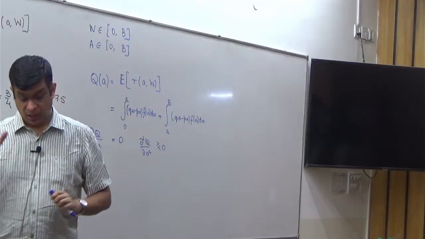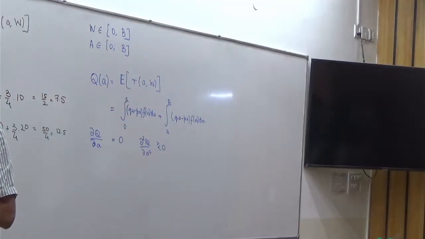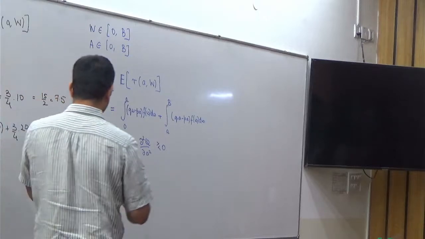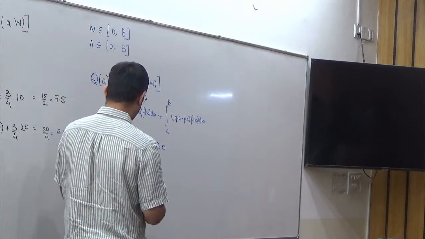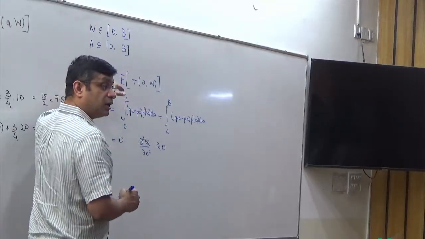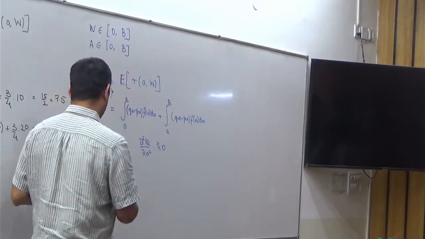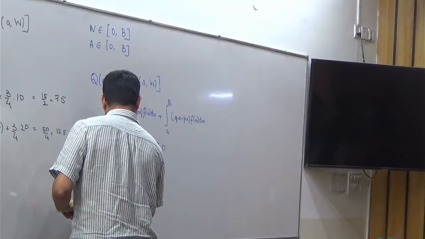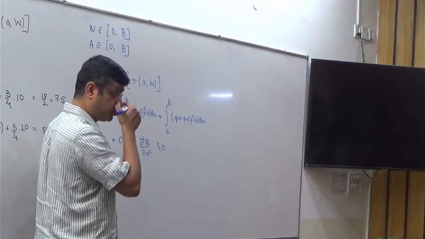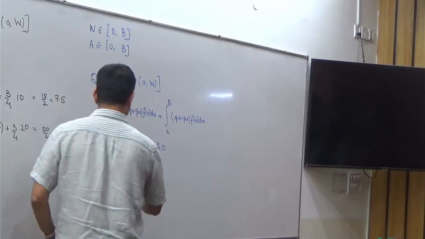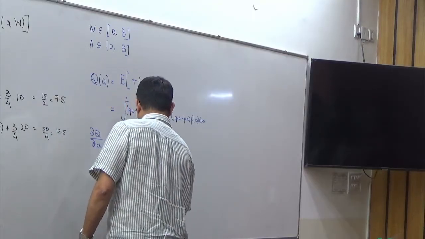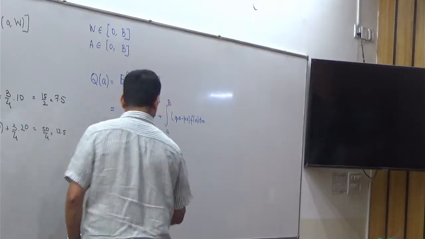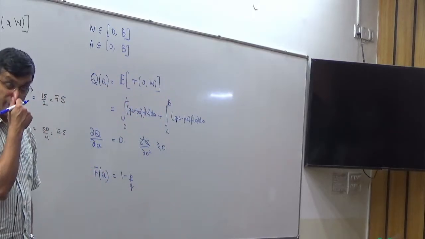Okay? In the interest of time, I'm not going to do that calculation here. It's simple algebra. What you get is the following, which is somewhat interesting. The optimal decision rule has the property that at the optimal value, the CDF, the cumulative distribution function of my demand, should be equal to 1 minus P divided by Q. Okay.